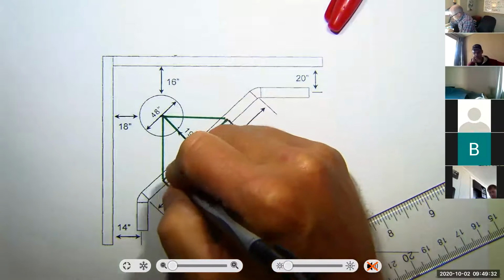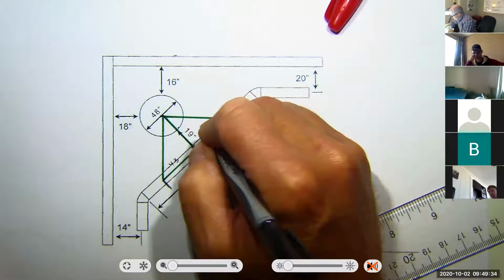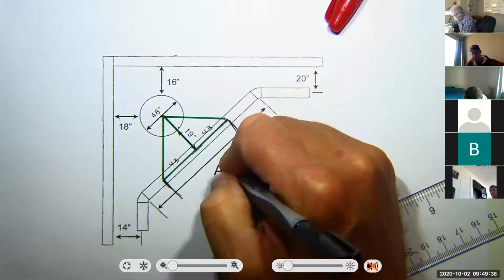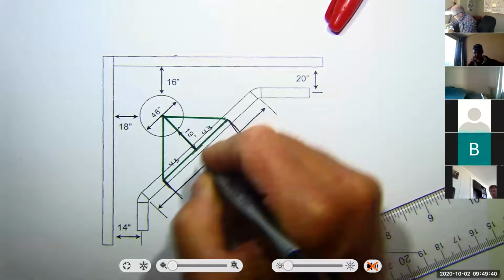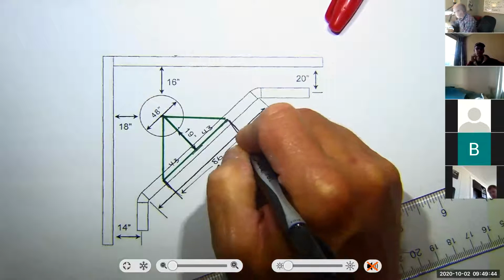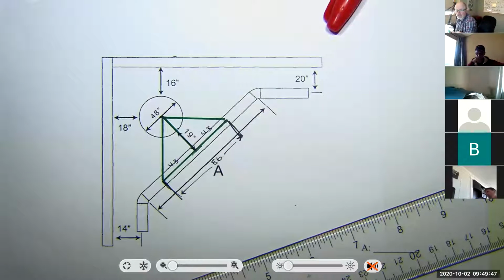So this measurement's 43, this is 43. So right here is 86 so far, from here to there. It's 86, yes? Does everybody see how I got 86? I hope so.